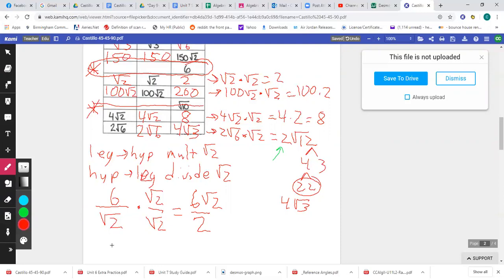And then now we can just reduce that because I know 6 divided by 2 is 3. So my answer here is 3 radical 2. So that means up here, this will be 3 radical 2. And that will be 3 radical 2 up here for the 2 legs.